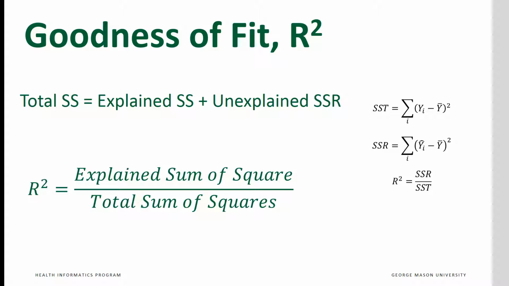The unexplained sum of squares is the sum of the squares of the residuals, where residuals are the difference between observed outcomes and predicted outcomes. The difference between the total sum of squares and the sum of squares of residuals is the explained sum of squares. The coefficient of determination is calculated as the ratio of explained to total sum of squares.